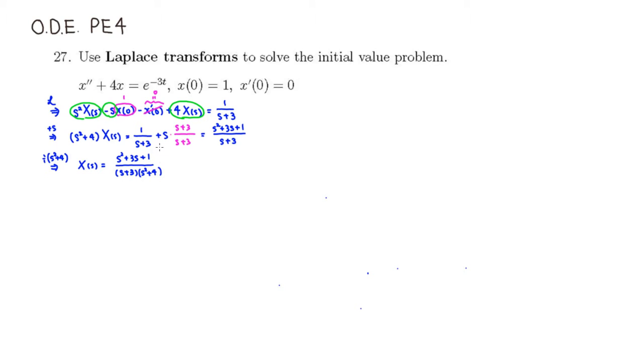Alright, then what we need to do is a partial fraction decomposition on this guy. So let's do that on the side here.